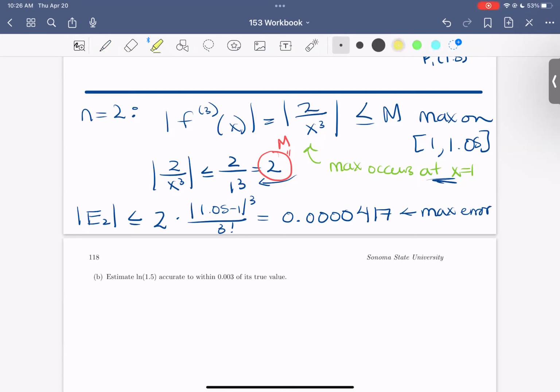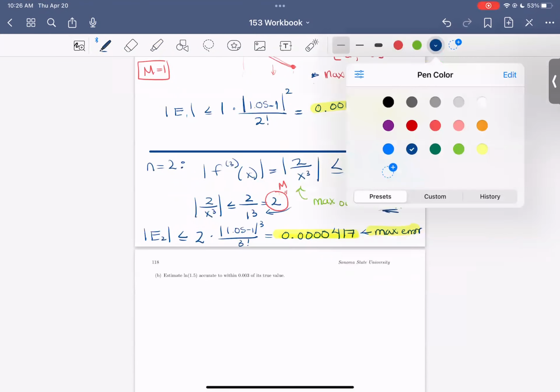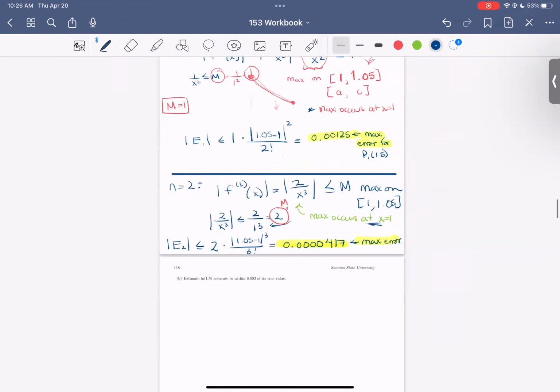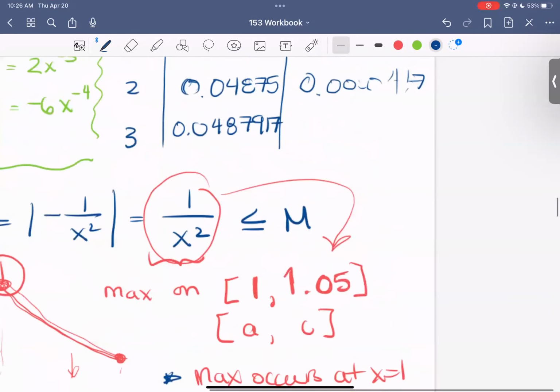All right, so now we can go ahead and plug that in above. I'll just highlight here so we can keep track of our work. Now looking at our table, we're going to fill in the maximum error for P2. 0.1234417.